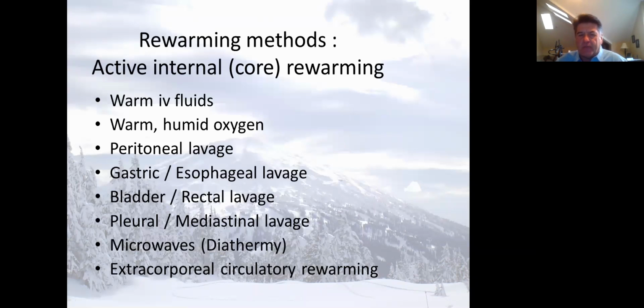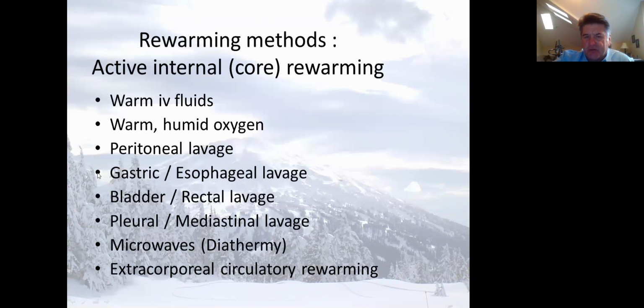These next 4 are strictly invasive, done in the emergency room. Peritoneal lavage, that means you put in a tube around the umbilicus, or the belly button, and you pour hot water in that way. Gastric lavage will be the same thing.